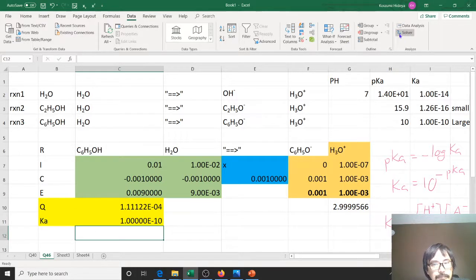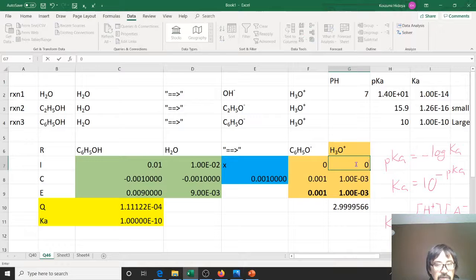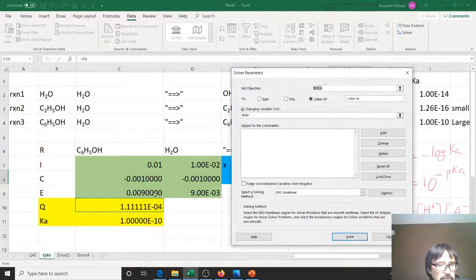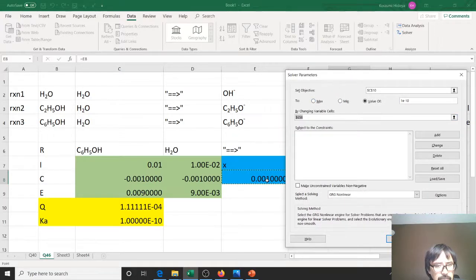So let's do the solver again. Now I'm thinking about changing this one to 0, but if you want to keep these things at 1e to the negative 7, that's fine, but I'm gonna change this one to 0, and then let's just redo the same stuff later. So I am going to change Q to have the value of 1e negative 10 by changing x, right?